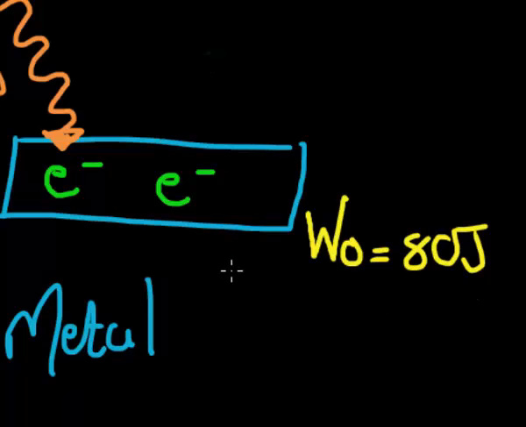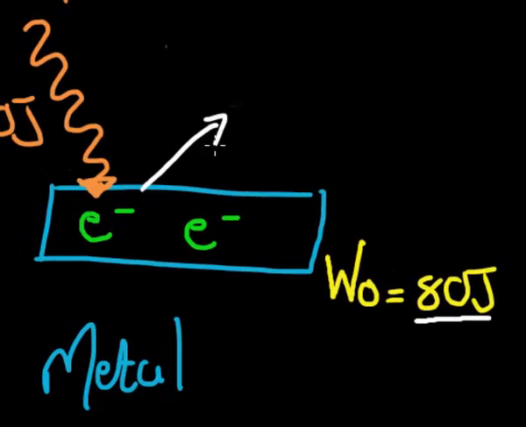So this electron is basically seen as in jail, and it receives 100 joules of energy, from which it can pay 80 of these joules to the work function, and then it's still left with 20 joules. Because it's got enough energy, in this case greater than the work function, it will be able to pay the work function and then still leave with 20 joules of energy.